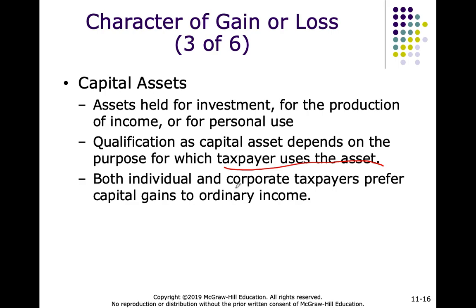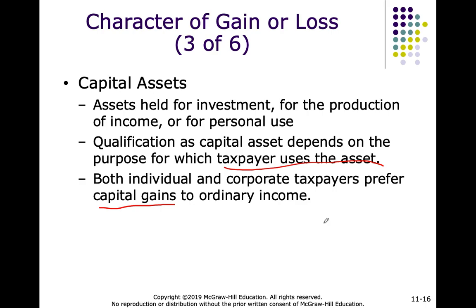Of course, we would prefer a long-term capital gain because in that way we get the lower preferential tax rates as opposed to ordinary tax rates. And just a reminder that capital losses are limited to $3,000 for individuals.